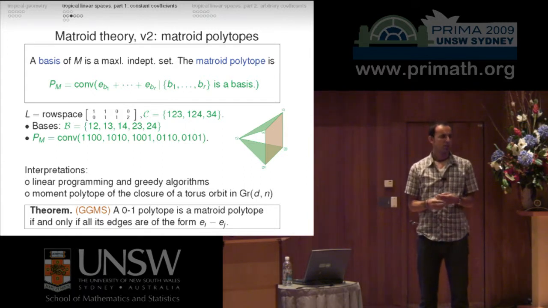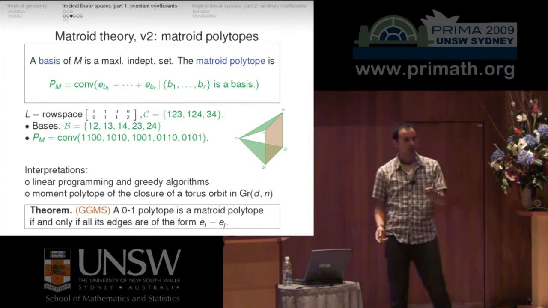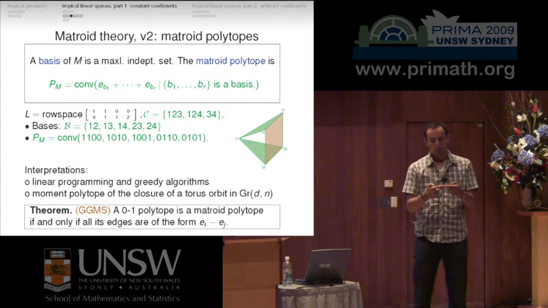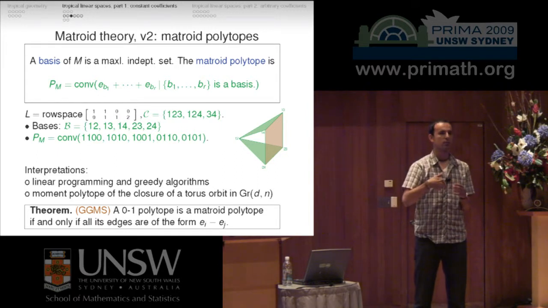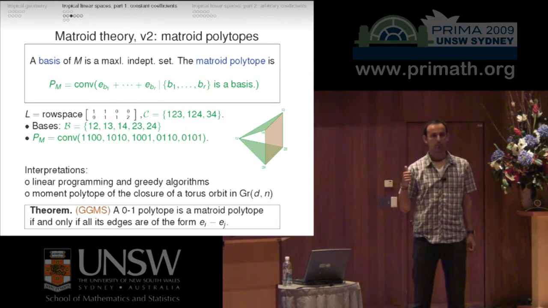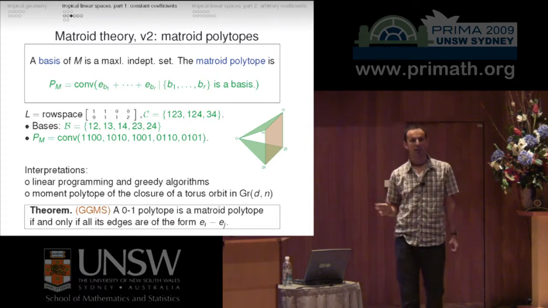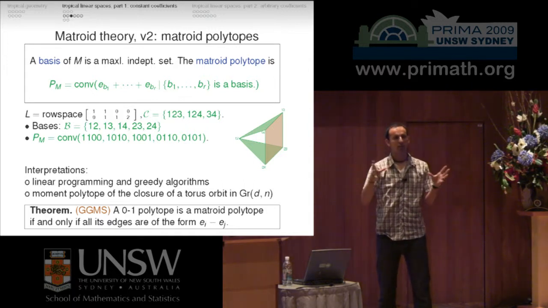But this is also very natural from the point of view of toric geometry, because if you take a linear space that gives you a point in the Grassmannian, okay, and you have a torus action on the Grassmannian, and if you look at the orbit of that point, if you take the closure of that, that's a toric variety. The corresponding polytope is this guy. Okay, and so this polytope is also very natural from the algebraic geometry, and the theorems come from these two places.